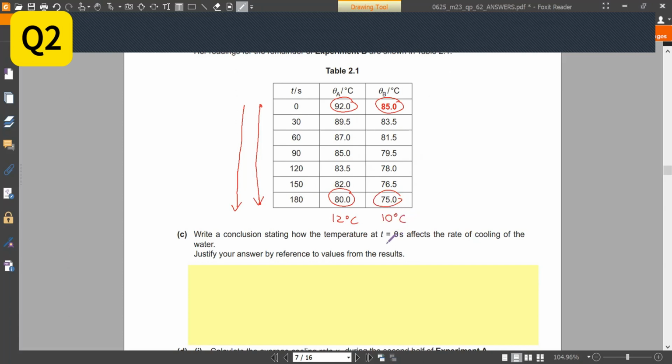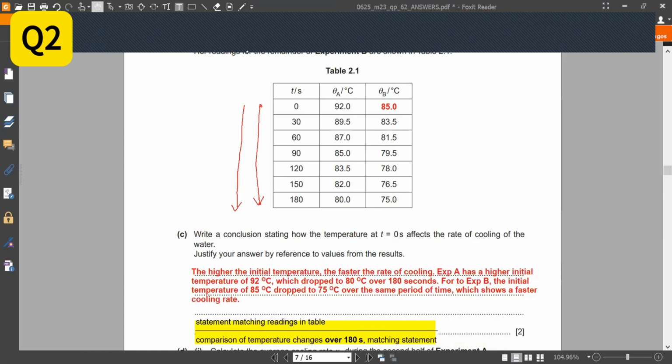So we can see that when we have a higher initial temperature, the rate of cooling will be faster. So this is the statement that we can give: the higher the initial temperature, the faster the rate of cooling. So this is our conclusion.